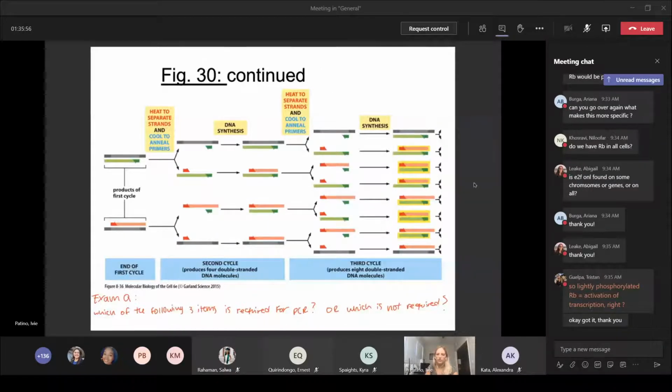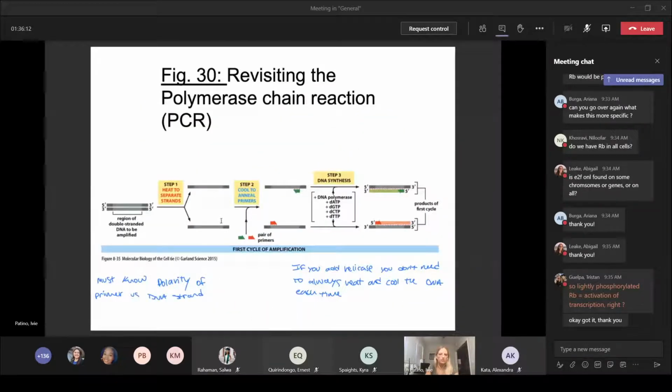Here's just another example of how many cycles we can do. We gave a good example of an exam question here: which of the following is not required for PCR? If we look back here, first we need the DNA that we want to be amplified. Then we need primers for that DNA. Then if we're not going to be heating and cooling, we need helicase.